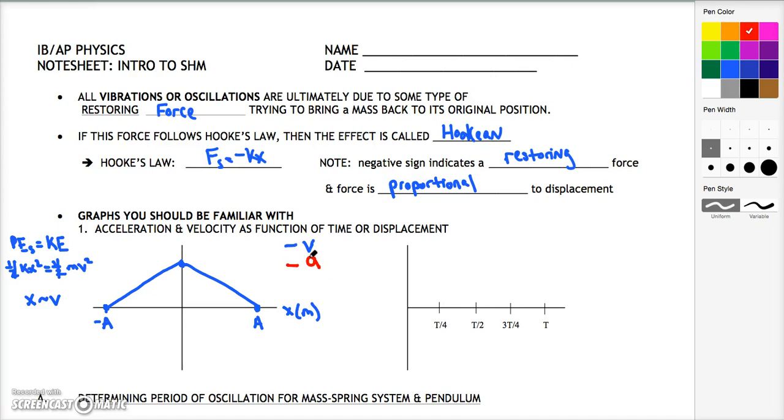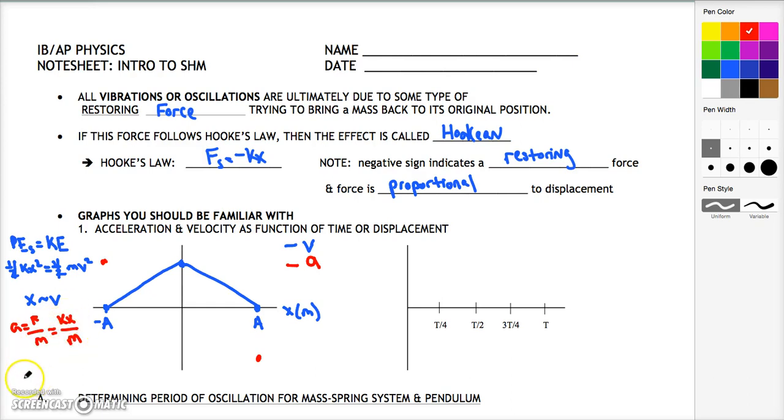So let's do the acceleration now in red. The acceleration was at a maximum at the extremes. At negative A, let's say it was a positive acceleration, and at positive A, a negative acceleration. To connect those two, we know that a is equal to F over m, from the second law of motion, and that the force here is Hooke's law, so a equals kx over m.